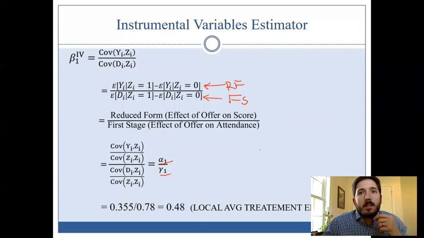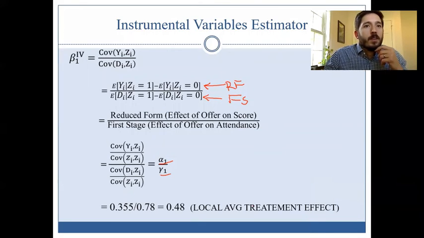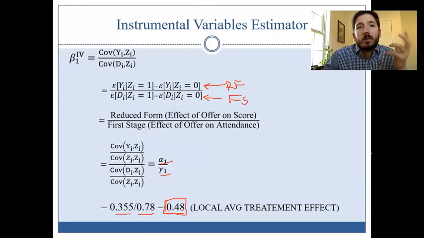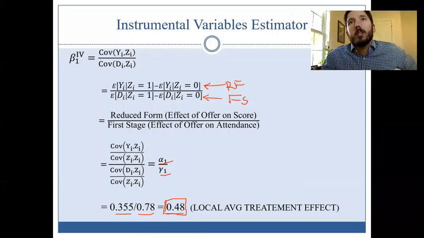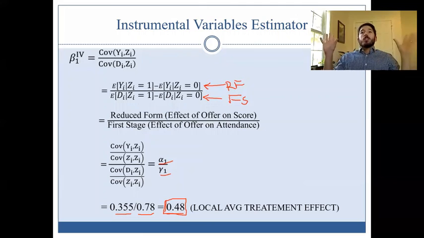So in this case, I'm going to move us back to the top here. We'd have 0.355 divided by 0.78 equals this value here. When we talk about instrumental variables, we talk about the local average treatment effect, because we're not getting the average treatment effect for everybody, right?